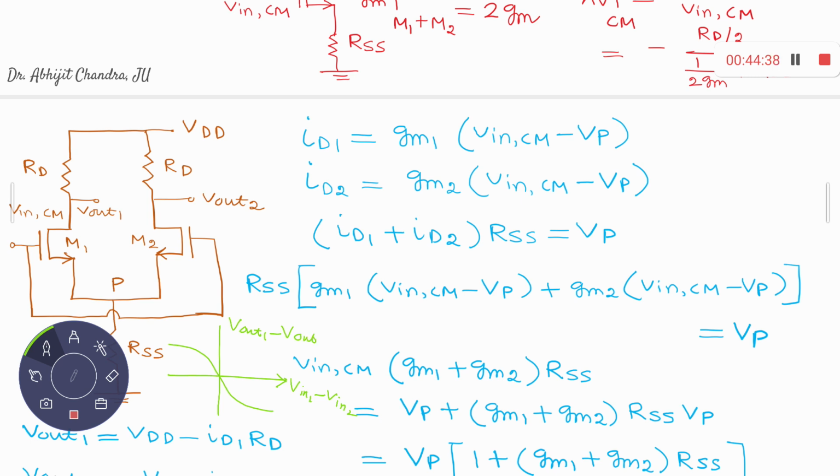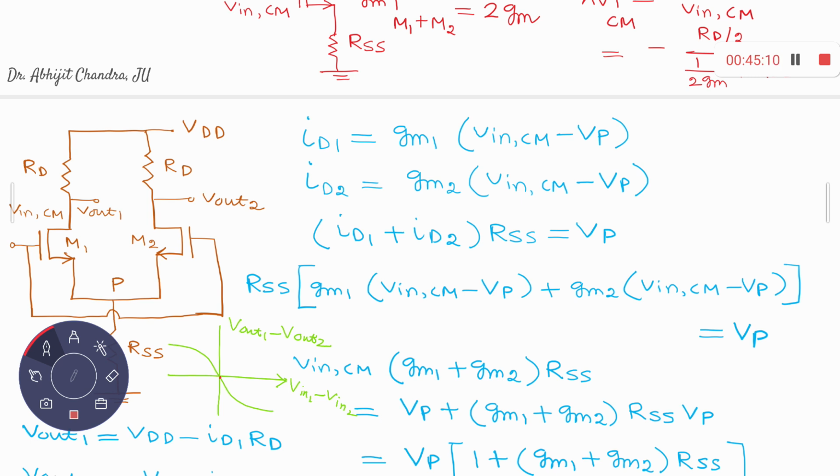We have already noticed that when Vin1 minus Vin2 is equal to 0, you are at this particular point, and Vout1 minus Vout2 is also equal to 0. That means if you don't have any change in the gate voltage, both of them are experiencing the same gate voltage. In that case, the differential output was 0, because it's a differential amplifier. It is not sensitive to any common mode change.